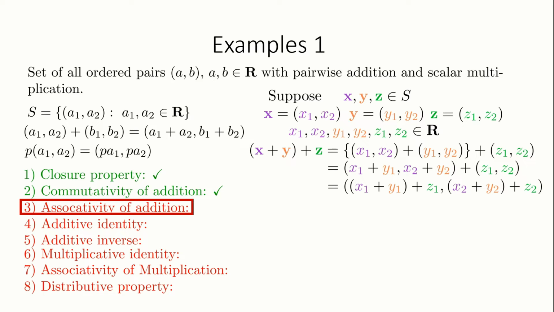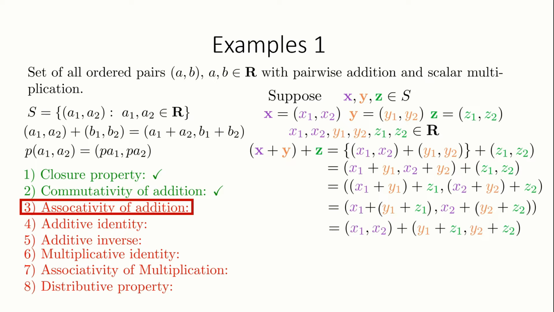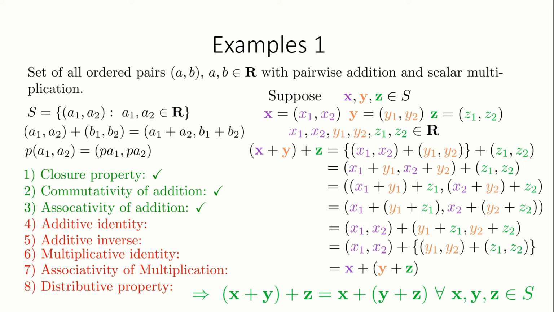Now x1, y1, z1 and x2, y2, z2 are all real numbers, and we already know that the addition of real numbers is associative. So we can change the order of addition like this. This is equal to x plus the addition of y and z. We further separate y and z, and this is equal to x plus the addition of y and z. Vector addition is associative and the set S satisfies the third property as well.